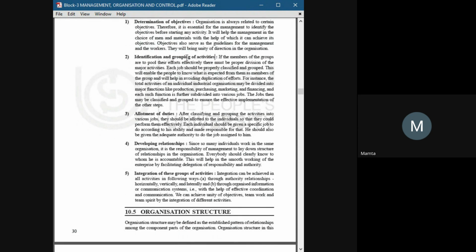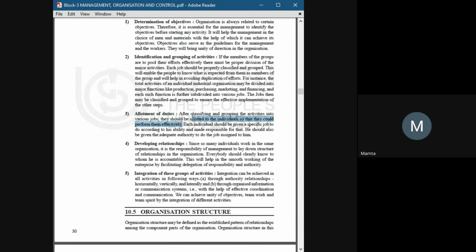After identification and grouping of activities, we allot the duties. Allotment of duties: which person will perform which duty, which particular task. After classifying and grouping the activities into various jobs, they should be allotted to individuals so that they could perform them effectively.